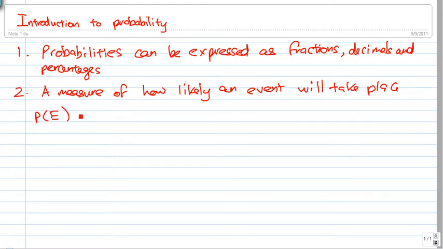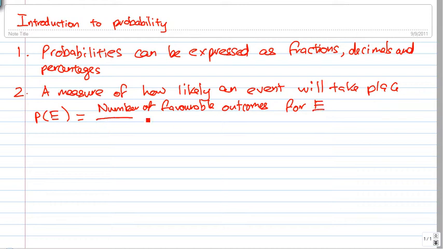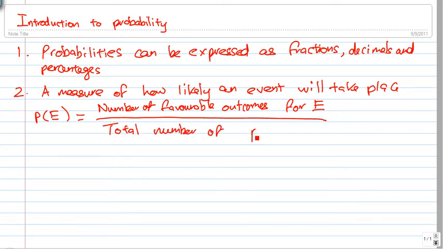The mathematical denotation is such: the number of favorable or positive outcomes, according to what you deem to be positive, for E, over the total number of possible outcomes.